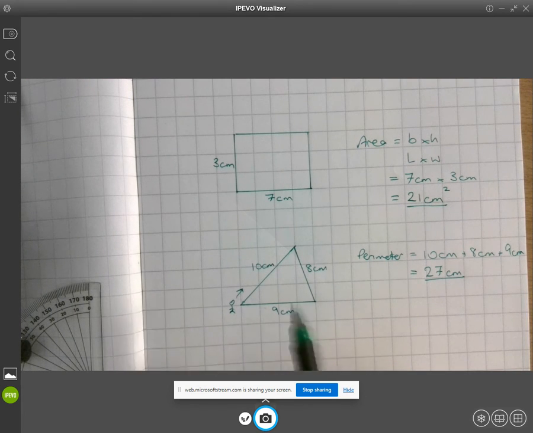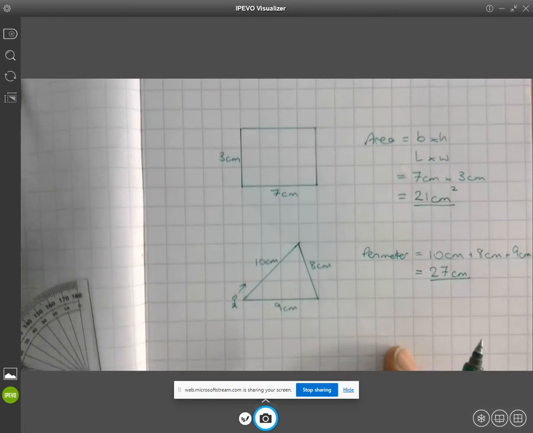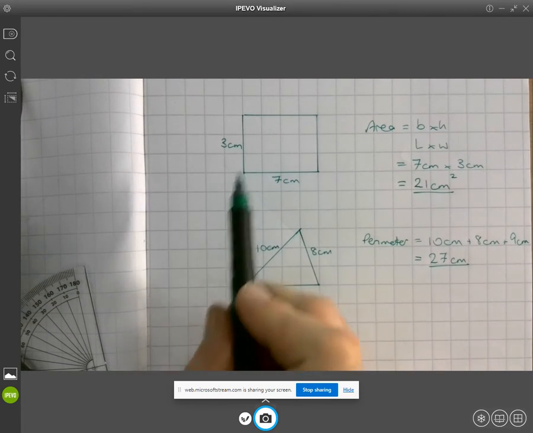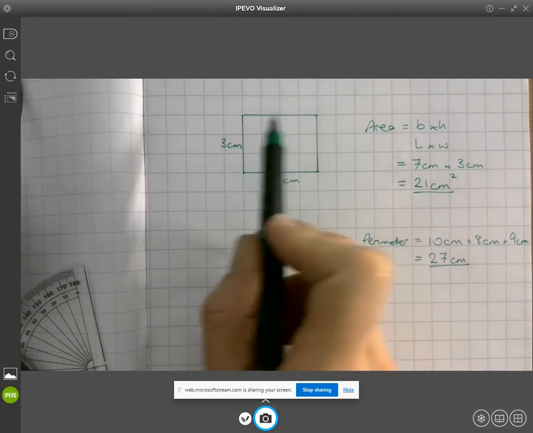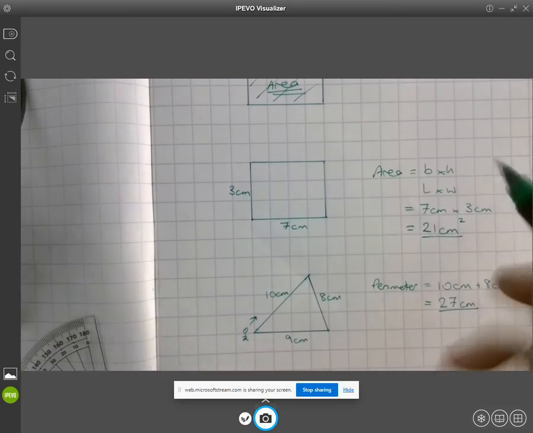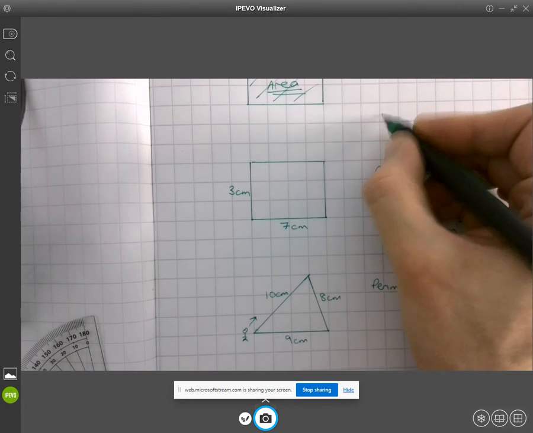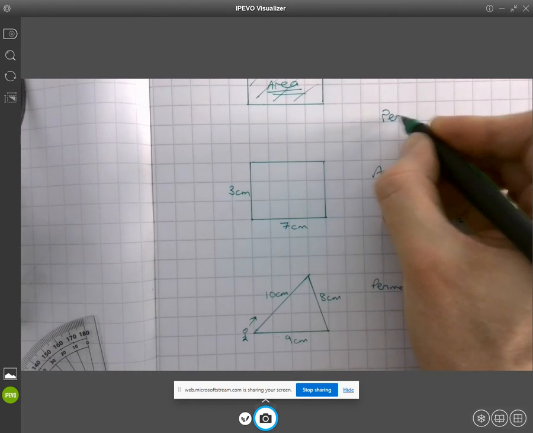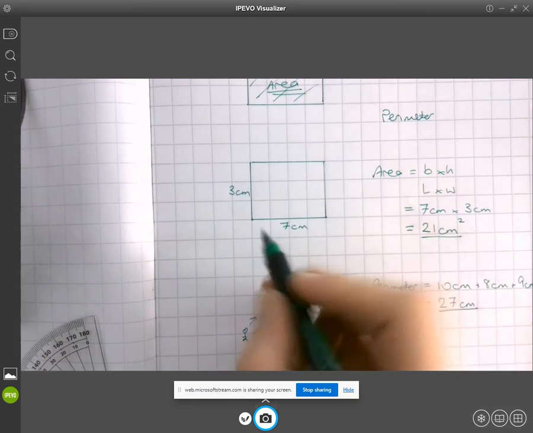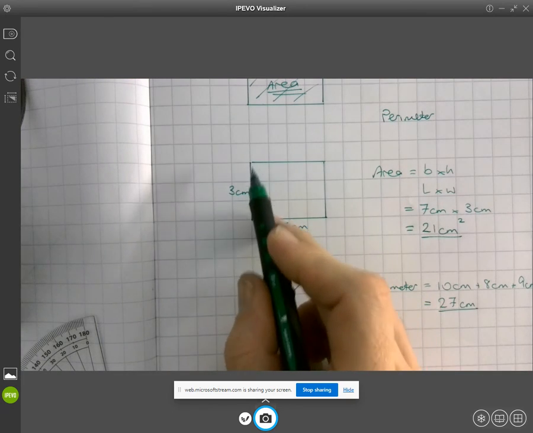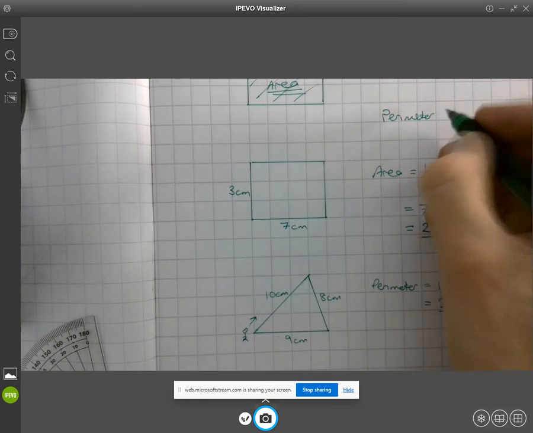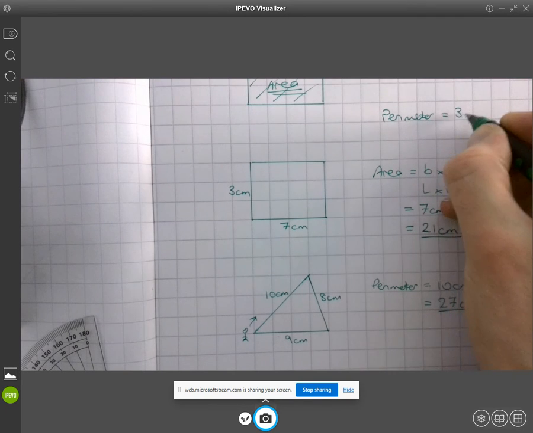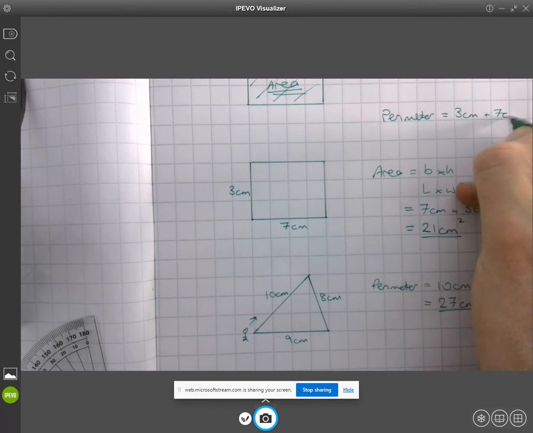The only other thing to say on this that students sometimes make a mistake on is, let's say we use this first rectangle and now go back and find the perimeter. The biggest mistake I'll find students make on a question like this is, they will remember their areas inside the perimeter fencing, they see a 3 and a 7 and they will do 3 centimetres plus 7 centimetres.